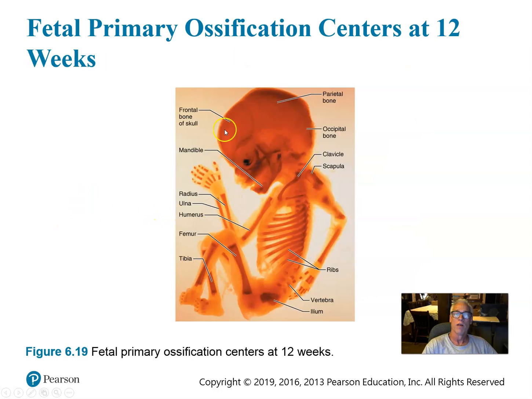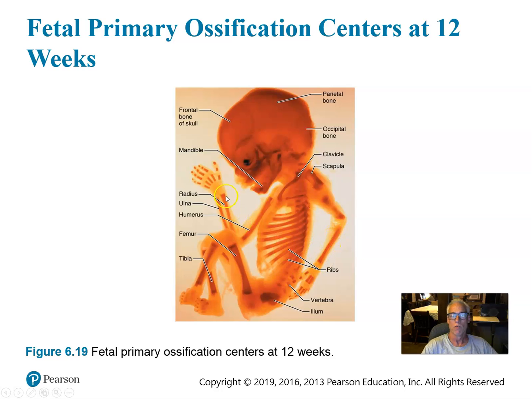Here's a fun X-ray or a CT scan of an embryonic skeleton. We can see the frontal bones, the cranial bones have started to ossify. Wherever you see the darkish orange color, that's where ossification has begun. And wherever you see the light yellow color, that's just soft tissue, and it's not ossified yet. It's really interesting because you can see the long bones of the appendages.